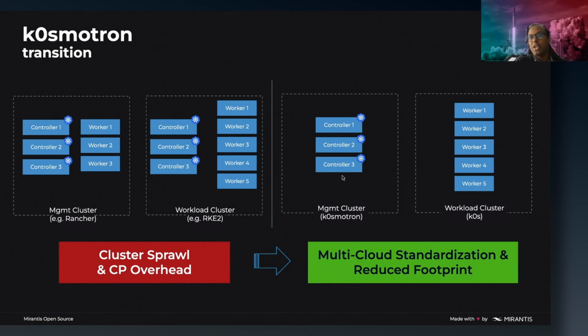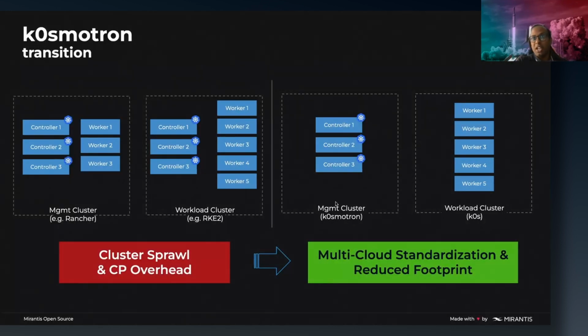And within these 3 controller nodes, we will host all the control plane services for all the child clusters, right? Within these control plane nodes. So what we do is we containerize, at the end of the day, the control plane of child clusters, and we host that as pods in the main control plane management cluster, right?